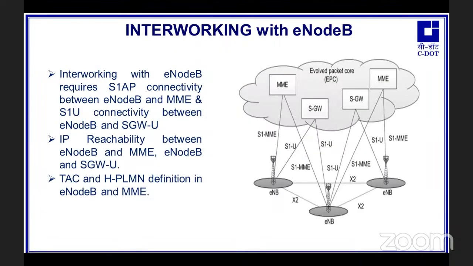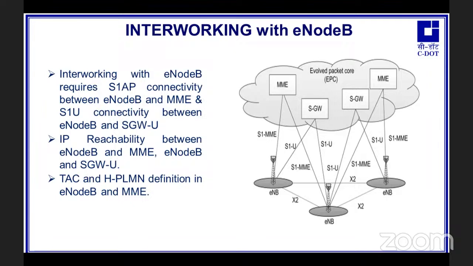So first we will cover the interworking with eNodeB. eNodeB is basically a RAN component, a radio component. So eNodeB has two connectivities with the EPC nodes. One is the signaling connectivity with MME, over the S1 interface, S1-AP interface basically.